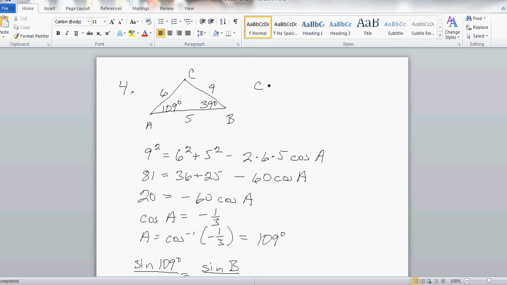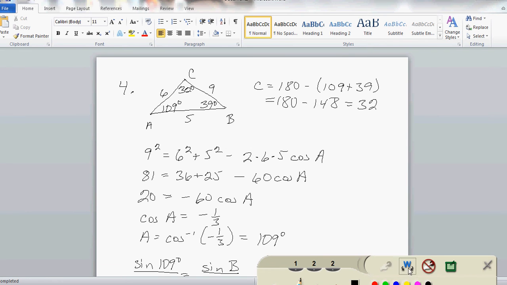Which leaves C, which would then be 180 minus 109 plus 39, or 180 minus 148, equals 32. So angle C would be 32 degrees. And there we have solved the triangle for problem number 4.